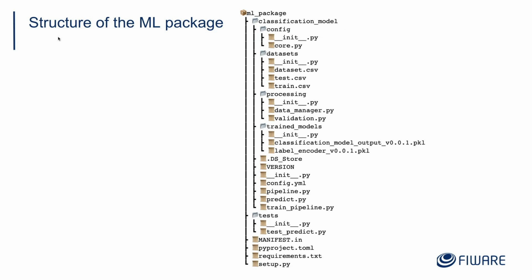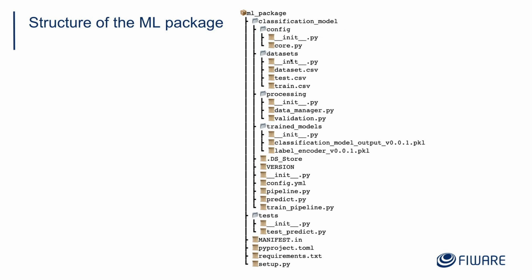But before I get there, let's have a look at the structure of the ML package I created. So it's called classification model. And under it, I have basically the following repos.